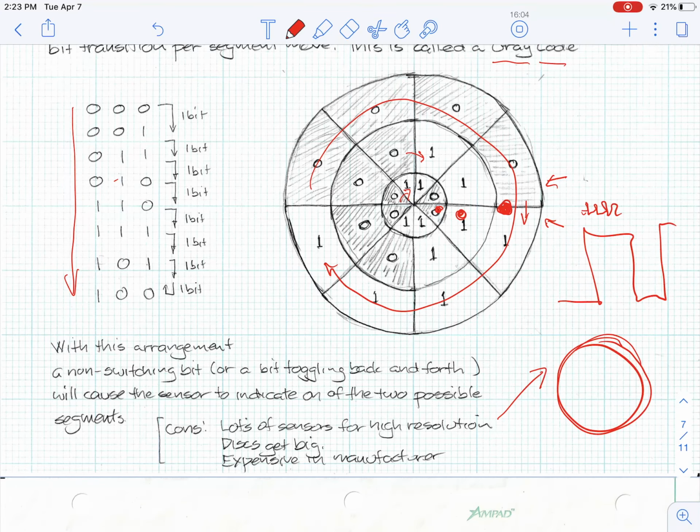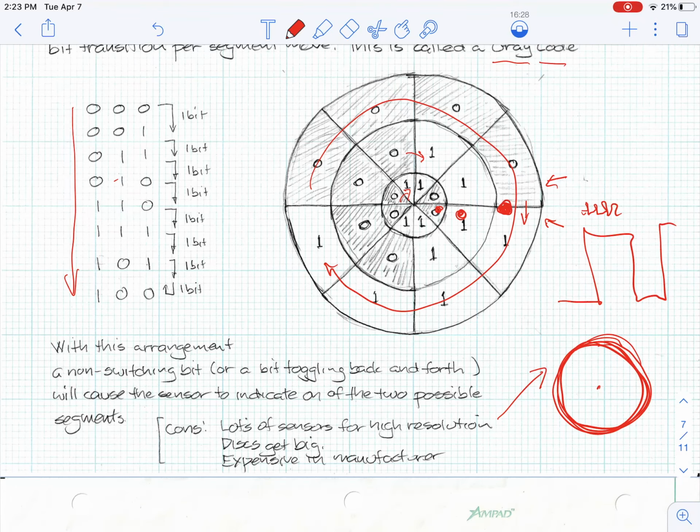Okay, lots of disk. And then they're expensive in manufacture, and generally the manufacturers will pass that price on to you. So that's the reason why absolute optical encoders are more rare, and they generally have less resolution than an incremental encoder.